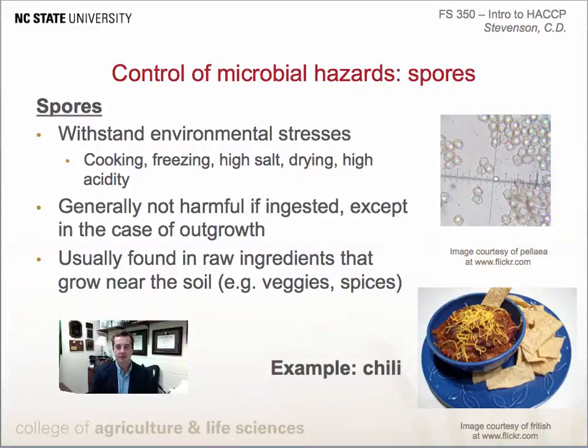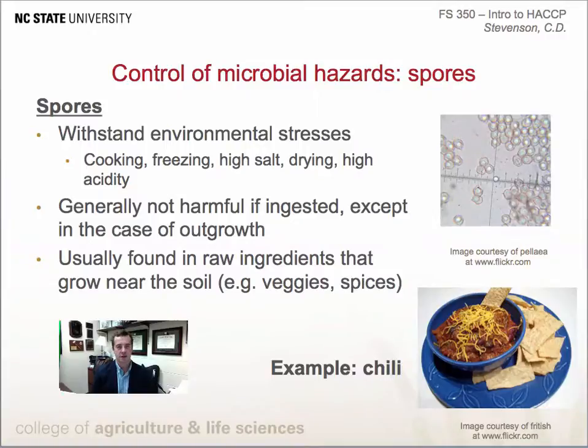When making chili, all the ingredients, such as beans, meat, spices, tomato paste, and cheese, are mixed together and cooked to a rapid boil. At that rapid boil, which is somewhere around 212 degrees Fahrenheit, all the vegetative cells are destroyed, but the spores may survive.